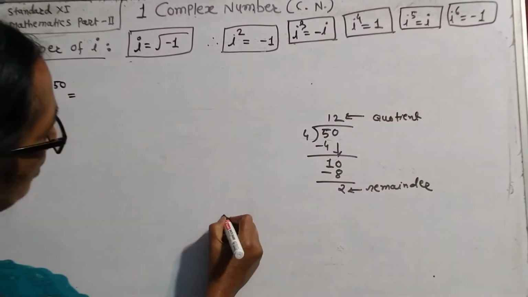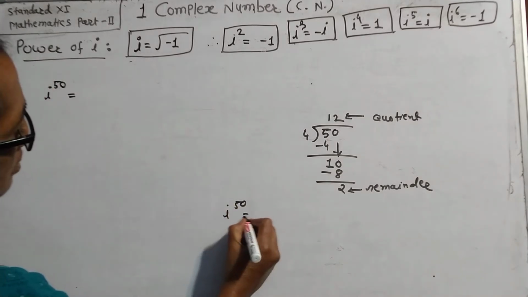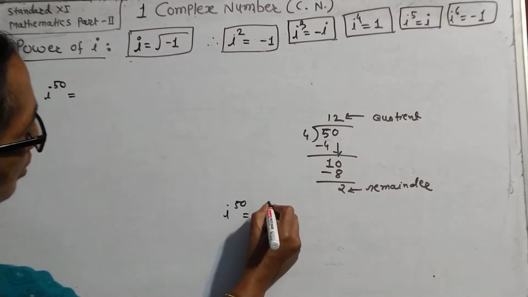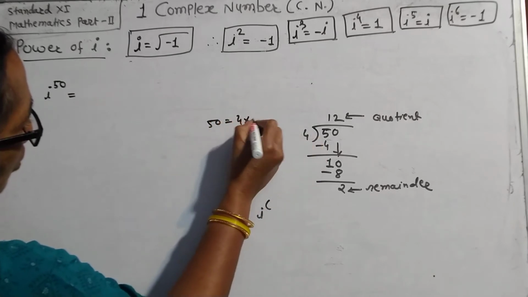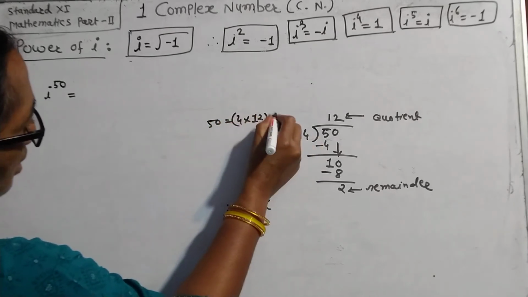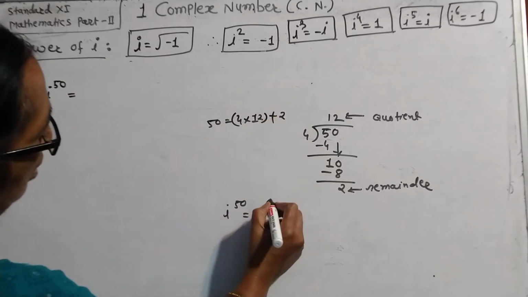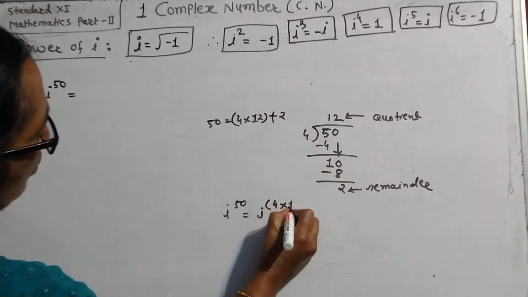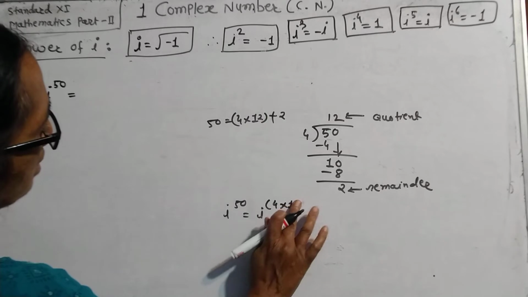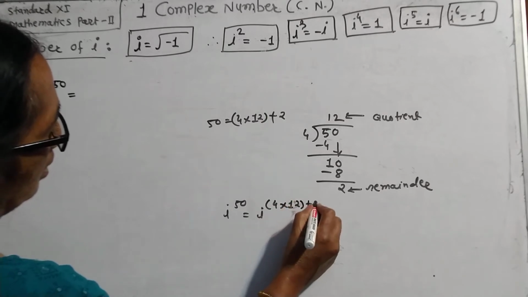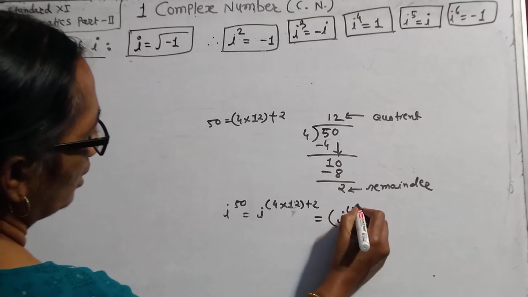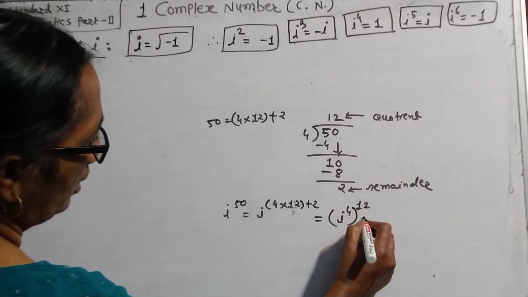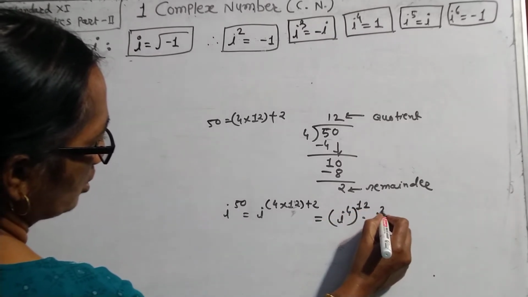Therefore, what is i raised to 50? We write 50 equal to 4 into 12 plus 2. That means i raised to 50 is i raised to 4, raised to 12, into i square.